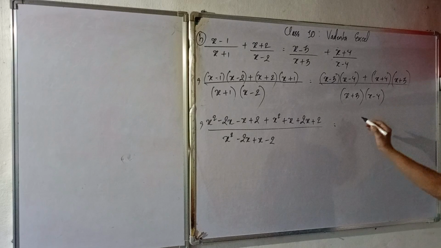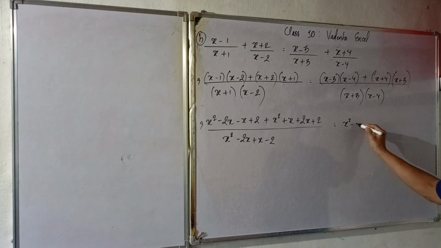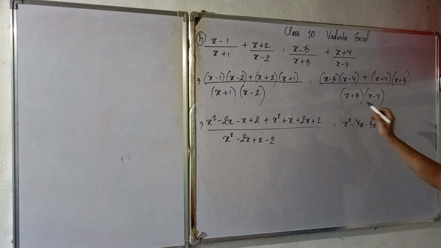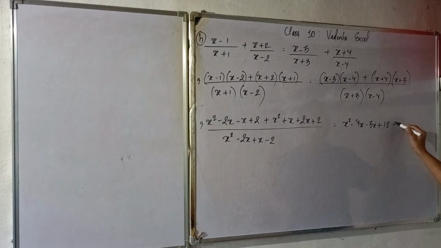Similarly here also, x squared minus 4x minus 3x, plus, minus minus plus, 3 4s are 12. Then x squared plus 3x minus 4x minus 12.